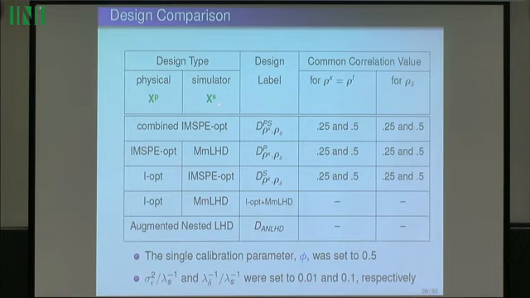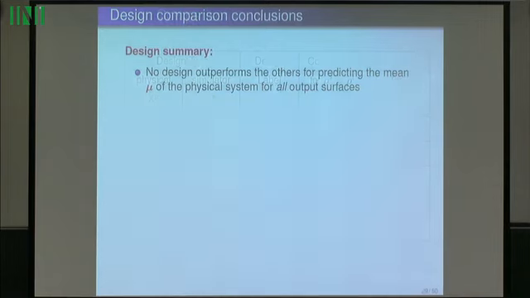So let's try fixing that design and then just optimizing over the physical design. That cuts the computing time by about a factor of 10. Or we could do it the other way around, and so on. So I want to focus on this one here where you fix the simulator and you optimize the physical, because that one turned out to be quite a good design.